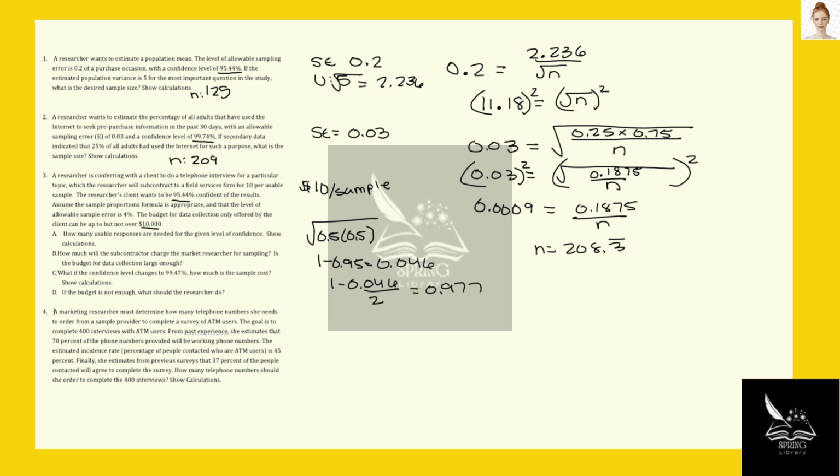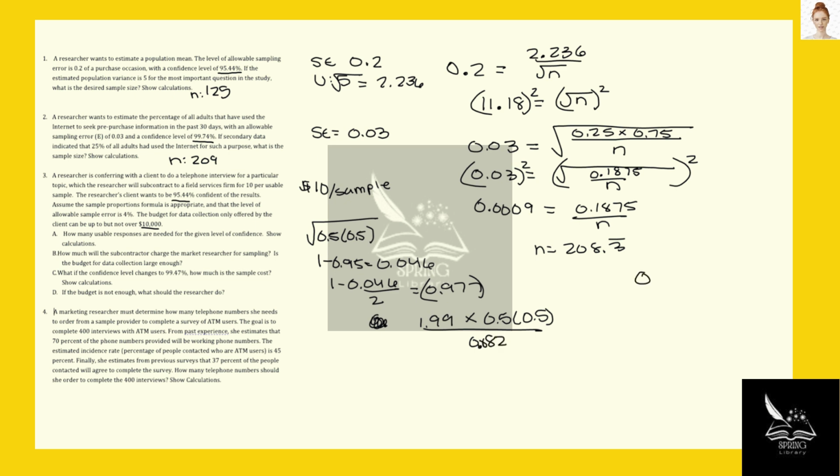And so then what I would do next is calculate using my t-score, and I would get 1.99, and I would multiply that by 0.5 times 0.5, and then that would be divided by 0.082.